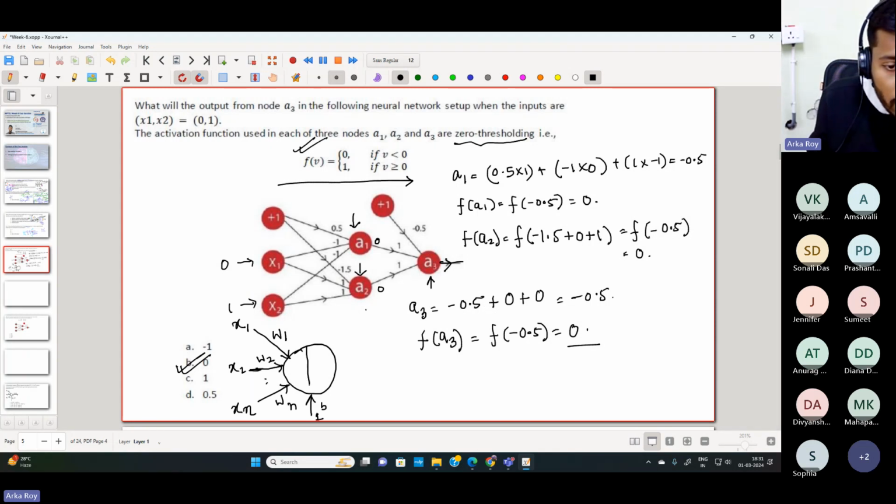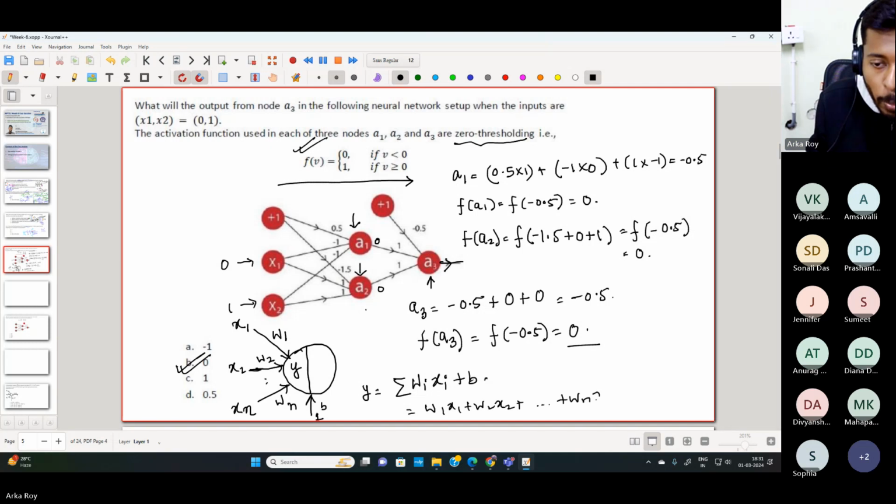The neuron first generates an intermediate value y. So y is nothing but a linear combination of all these weights and input values. So this is the sum of wi xi plus b. If I just expand it, you can see the multiplication w1 x1 plus w2 x2 dot dot till wn xn and 1 into b.